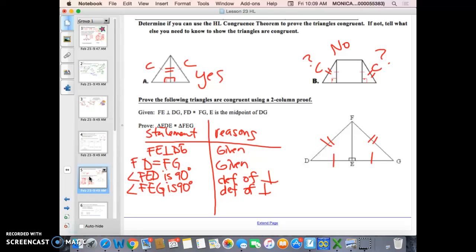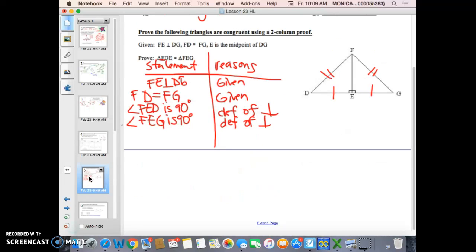All right, so now I know that. So now I can say that angle FED is congruent to angle FEG, and that's because all right angles are congruent.